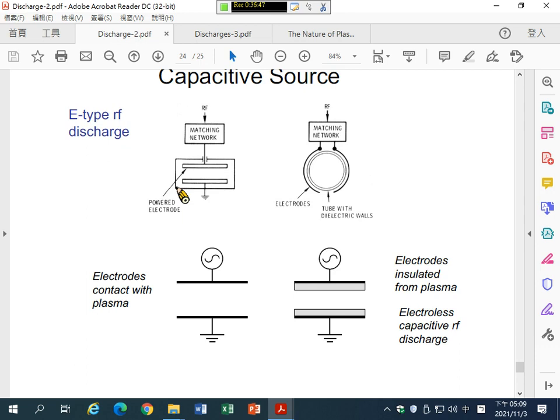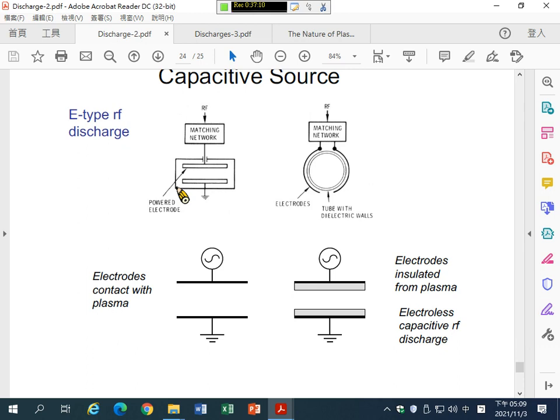Okay, so the lower right figure shows a planar type of electroless capacitive discharge. Okay, so in this case, on the surface of the top electrode here is a piece of insulator.